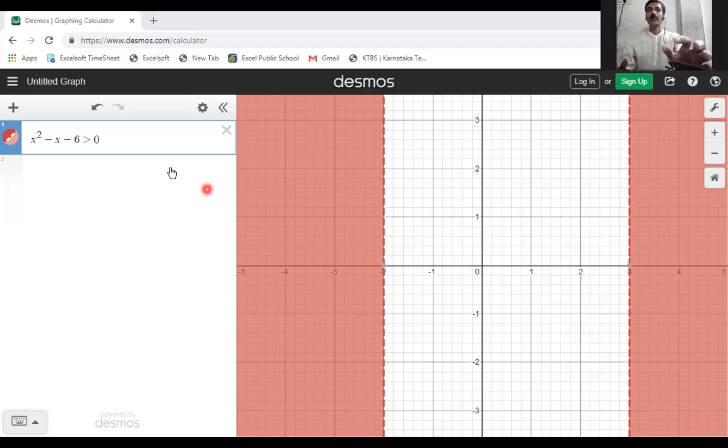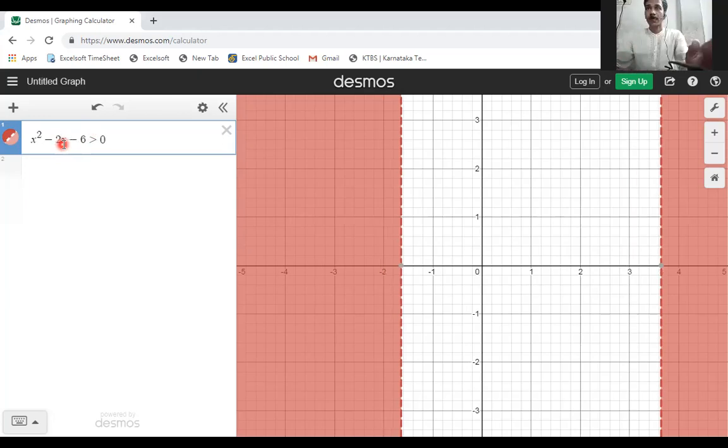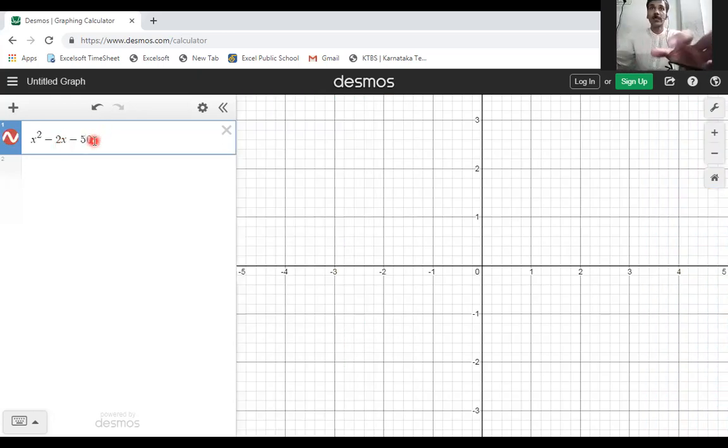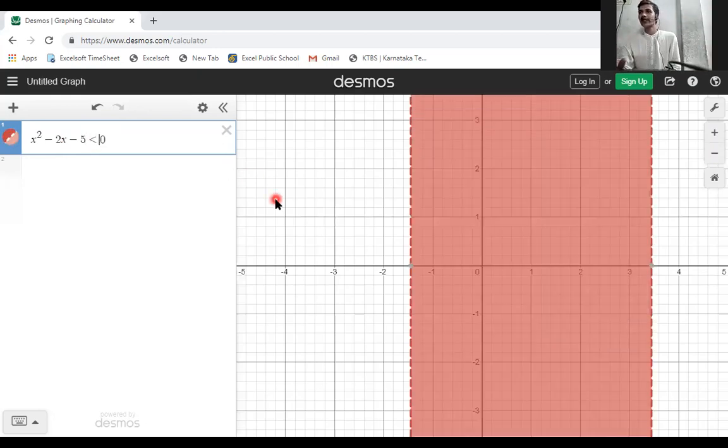Okay, and one more equation what we have done, that is x square minus 2x minus 5, I think. We have solved a less than or equal to type inequality. If you write it, which values it lies in, it will take the region in between the two roots.